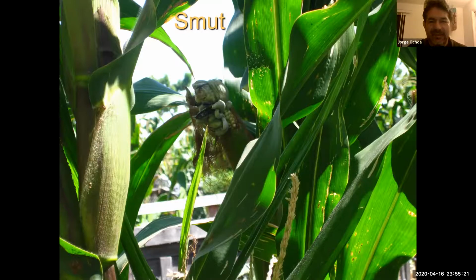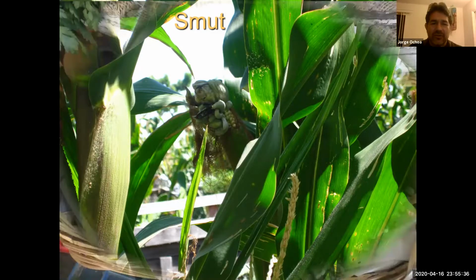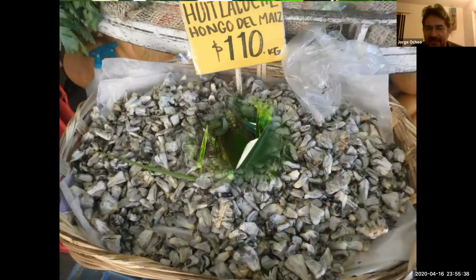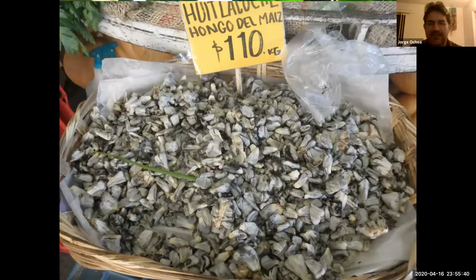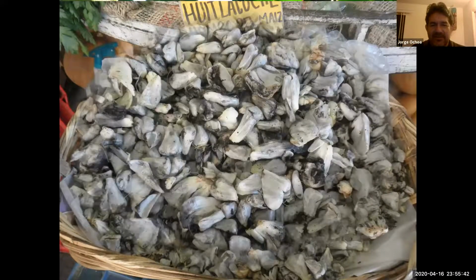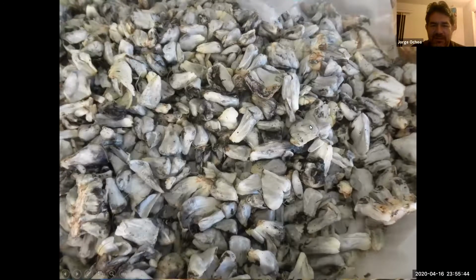And unknowingly, people in the old days were eating contaminated grains and literally drugging themselves, and kept themselves not in good health because they did not realize that they were eating something that bad. So corn smut, here it is for sale, and people eat it. So you can see the individual grains that have been disfigured and grotesque, and all the black thing that you see here, those are just the spores.